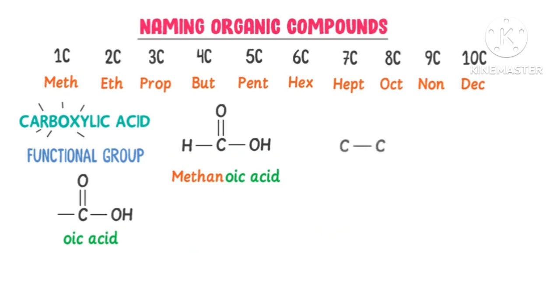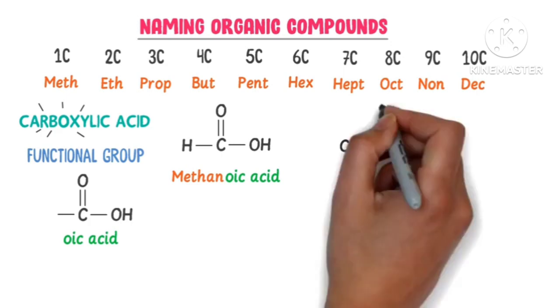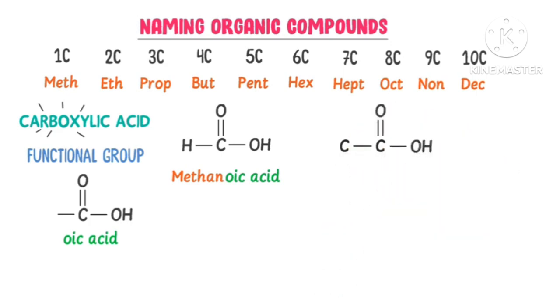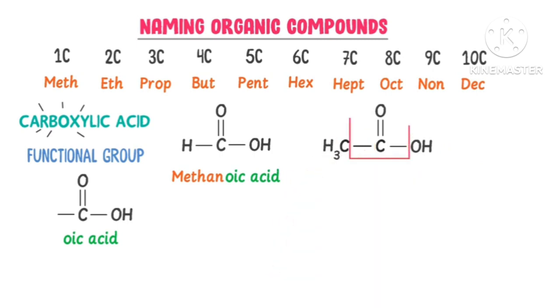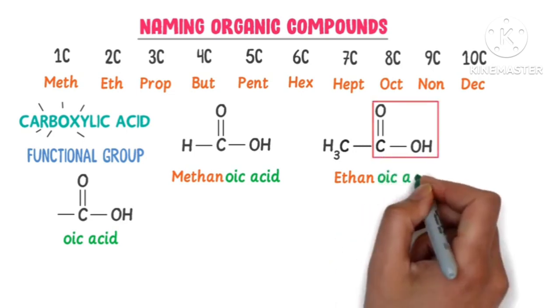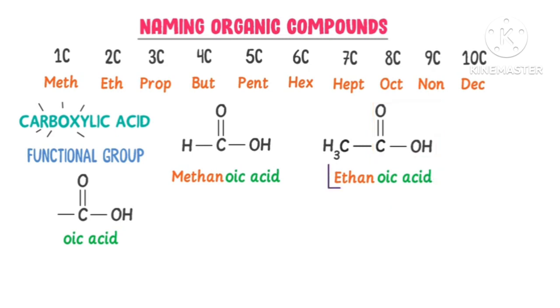Secondly, consider 2 carbon atoms and O double bond and OH is bonded to it. This carbon has formed one bond, write H3, while this carbon has already formed 4 bonds. There are 2 carbon atoms. I write ethane. Also there is C double bond OH functional group of carboxylic acid. I write oic acid. So I get ethanoic acid.